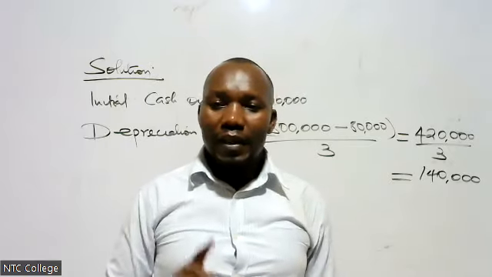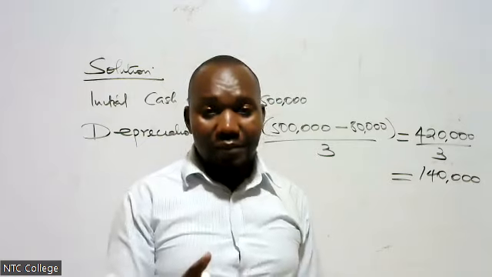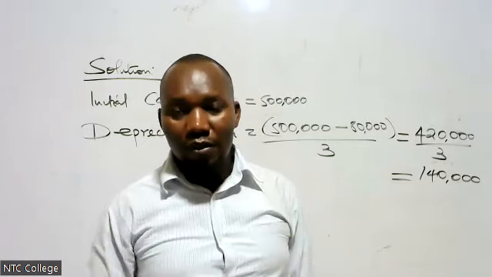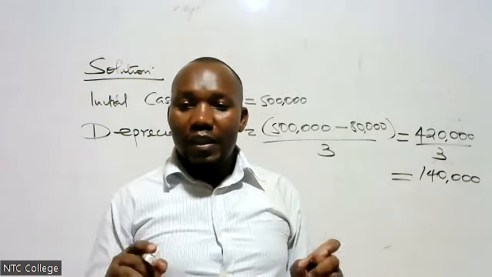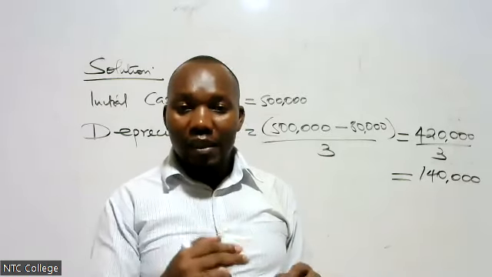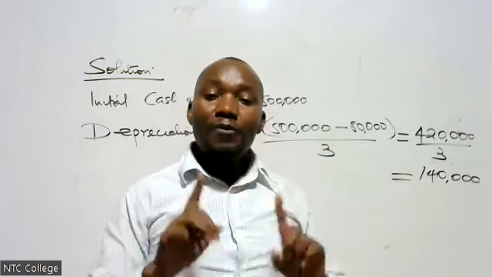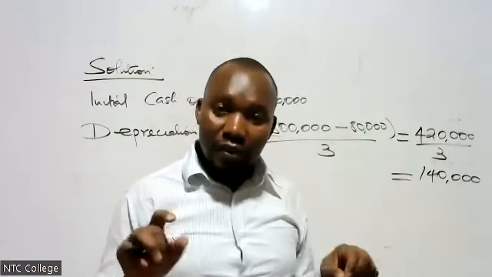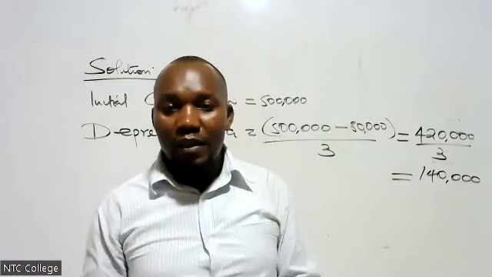Whenever you are given tax, just know that you always tax after depreciation. Whenever you're given tax, tax is normally deducted after depreciation. So you have to depreciate it. If you are not given tax, forget about depreciation, because there is no difference. There is no effect.